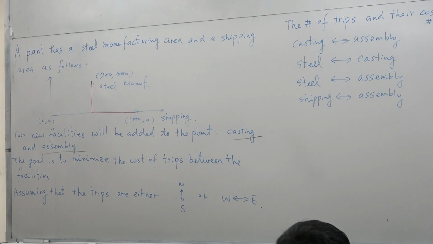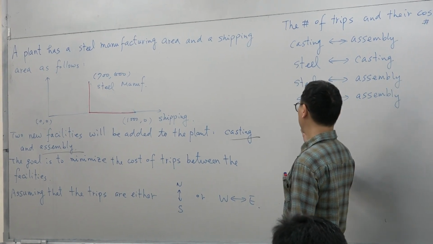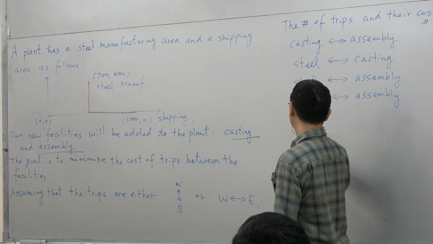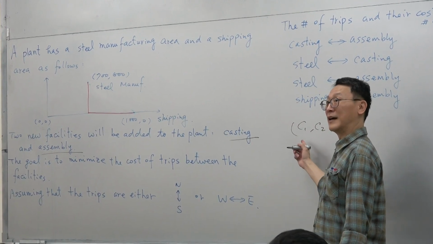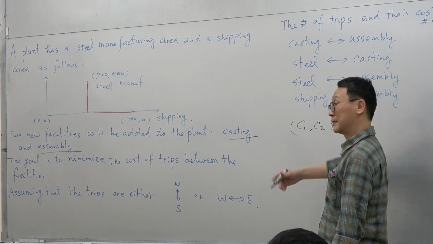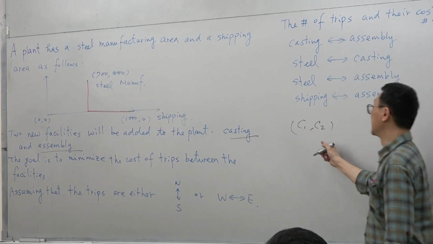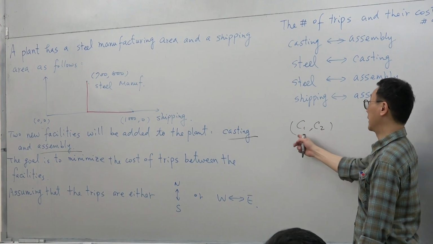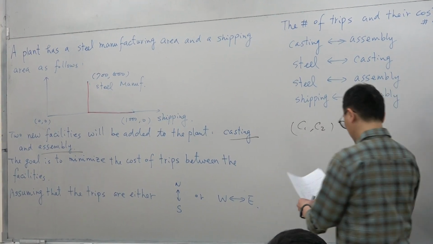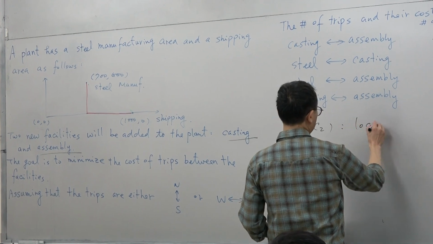For casting it will be C1, C2, for example, C1 the location horizontally on the X-axis and C2 vertically on the Y-axis. So that's the location.